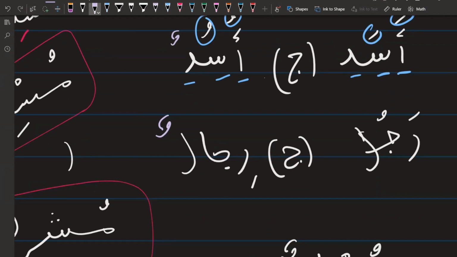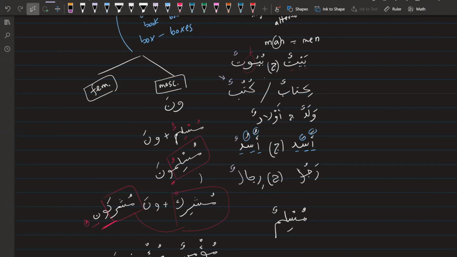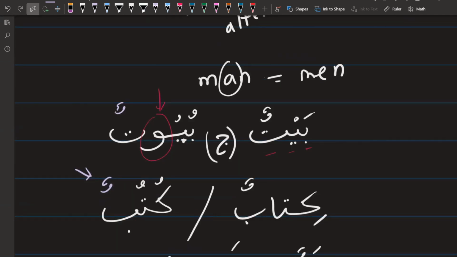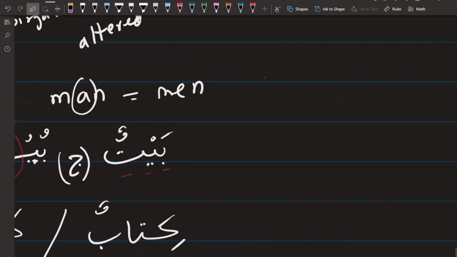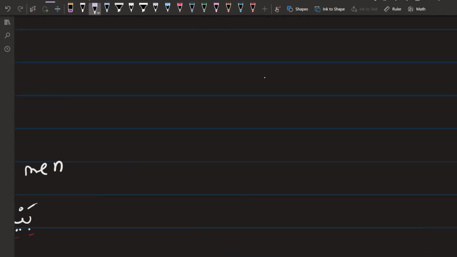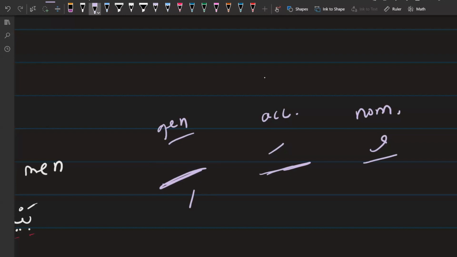So it looks like the tanwin is in both the mufrad, the singular, and also in the plural. Since that's the case, the grammar is exactly the same as the singular. Meaning whatever we learned, the default for nominative is dhamma, for accusative is fatha, and for genitive is kasra. So that is the case.